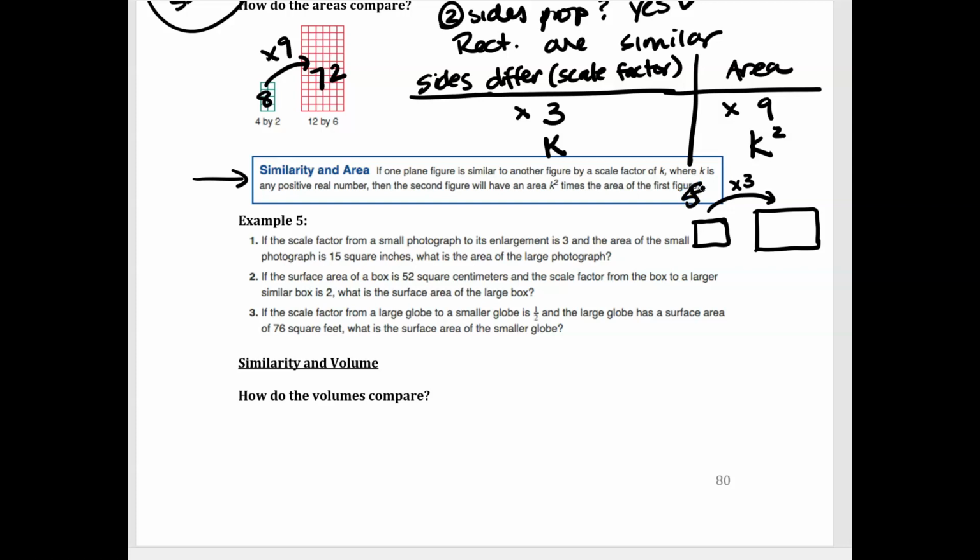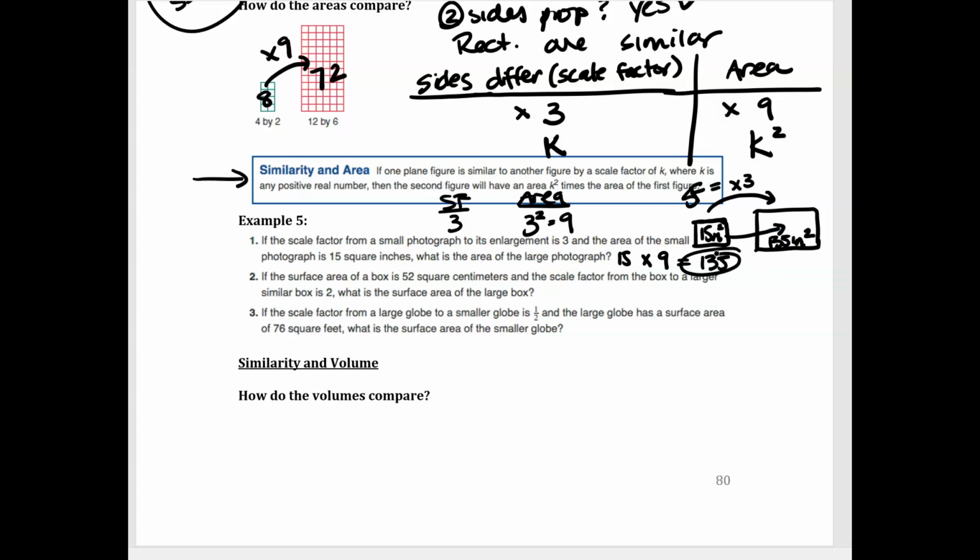So the scale factor is 3. And the area on this one is 15 inches squared. What is the area on the large photograph? Well, if the original scale factor is 3, then the area is just going to change by 3 squared, or 9. So we're going to take 15 and multiply that by 9, and that's going to give us 135 square inches. And that's the area of the bigger photograph.